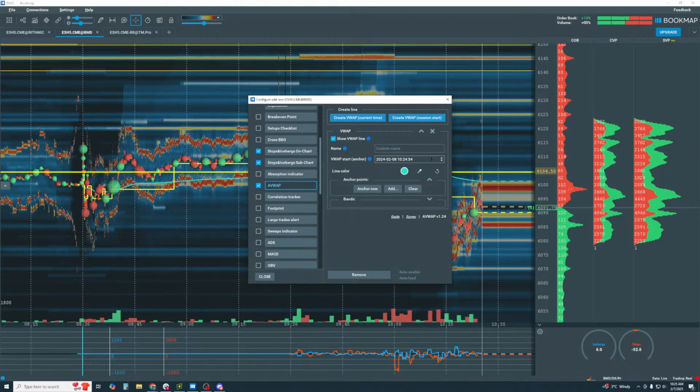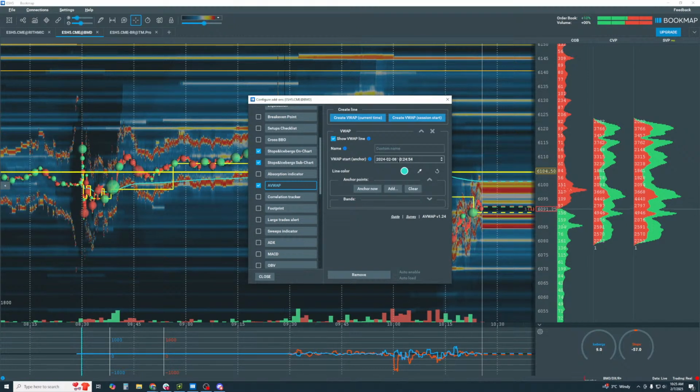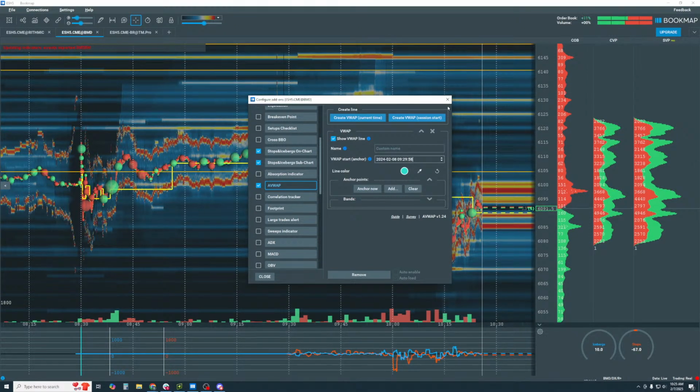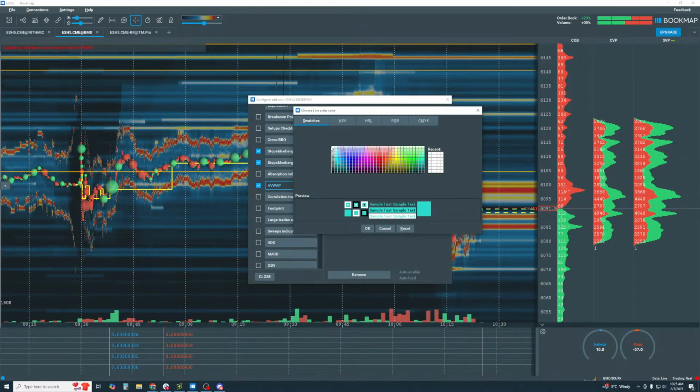I'm going to set it around 9:30, and I'm going to give it a white color here.